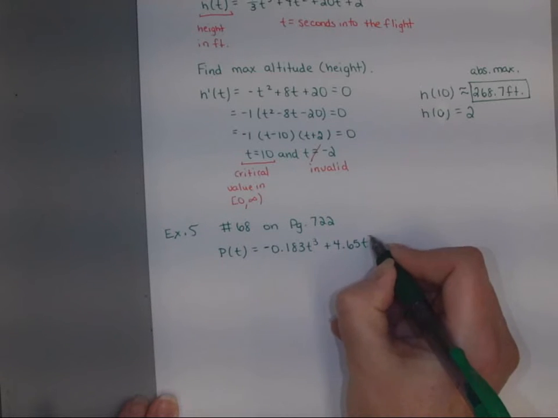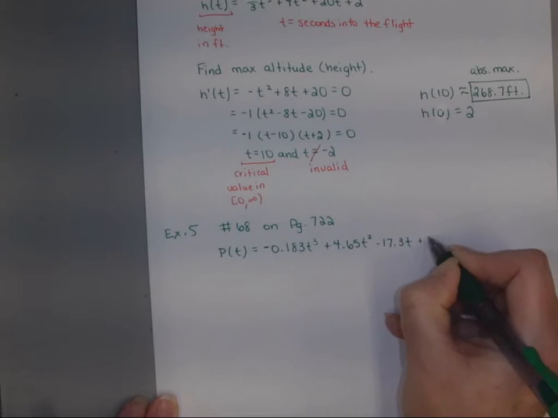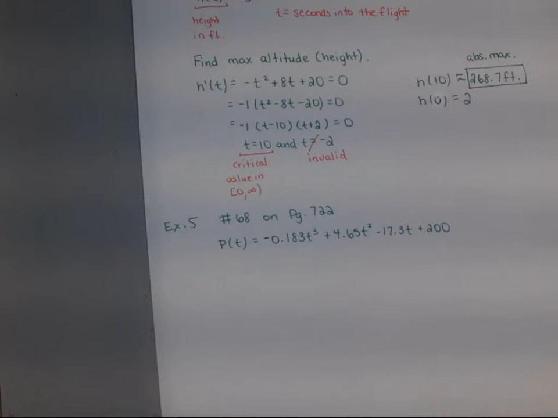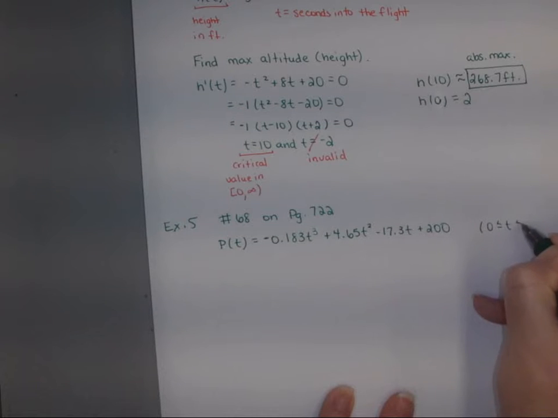And then this one squared, minus 17.3 t plus 200. Making sure I got all of it. It does mention that time needs to stay between what two values? 0 and 12.